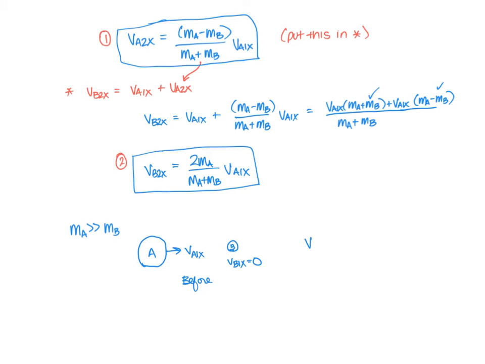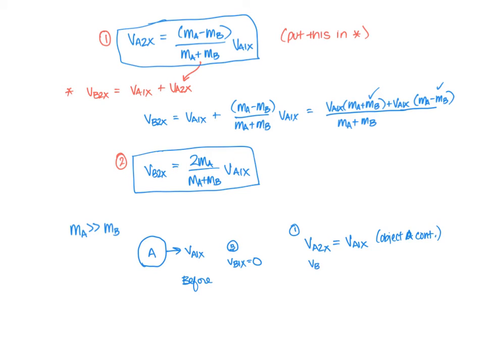And so what equation 1 reduces to is essentially its initial velocity. So the idea is that object A continues, basically unfettered. It's not even really impacted by the fact that it hit the very small object.